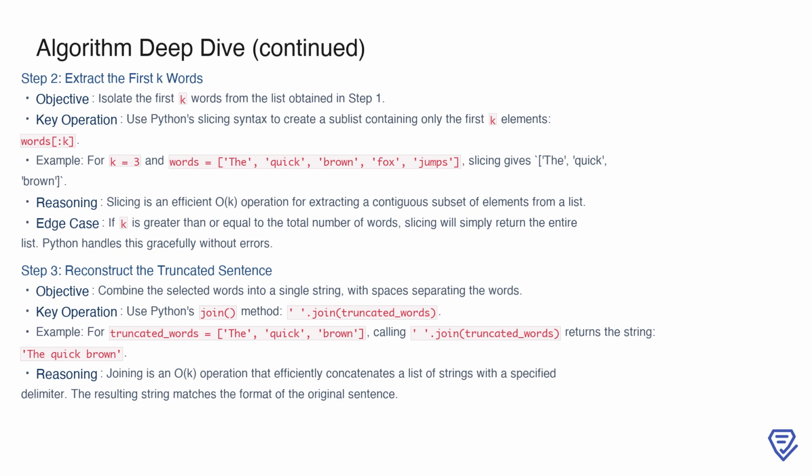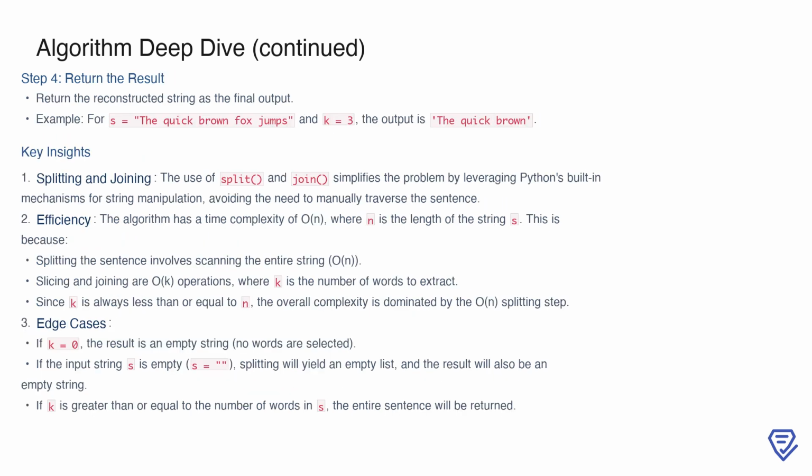Finally, we move on to reconstructing the truncated sentence from the selected words. To reconstruct the truncated sentence, the selected words need to be combined back into a single string. This is done using the join method, which takes a list of strings and concatenates them with a specified delimiter, in this case, a space. For example, if the truncated list of words is ["the", "quick", "brown"], calling " ".join(truncated_words) will produce the string "the quick brown".